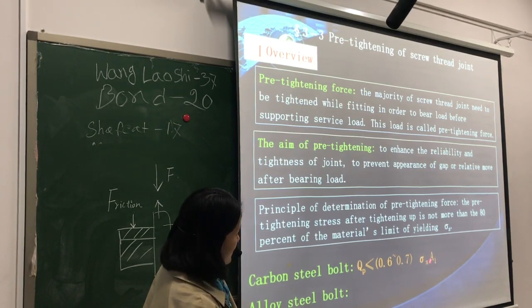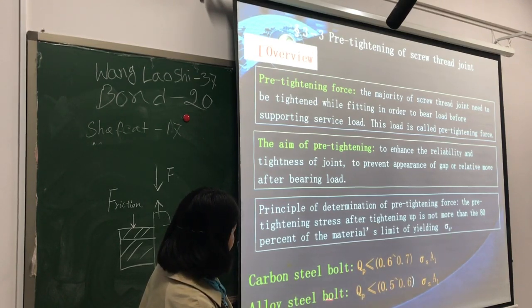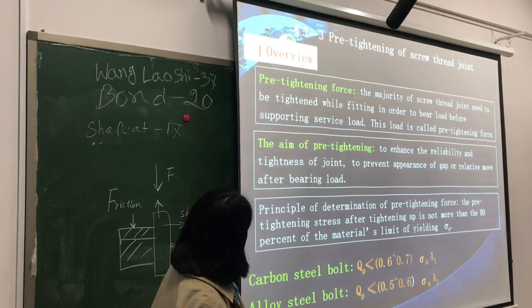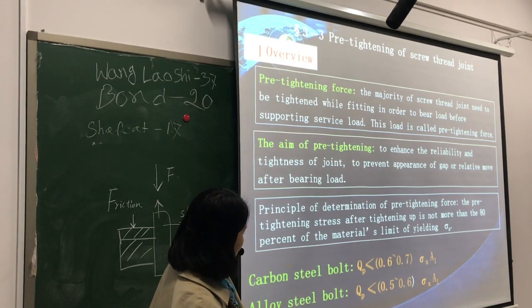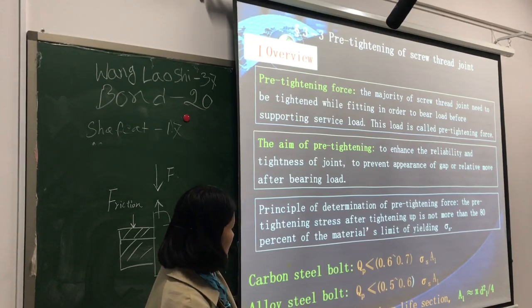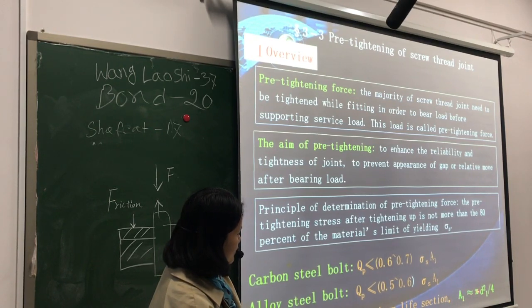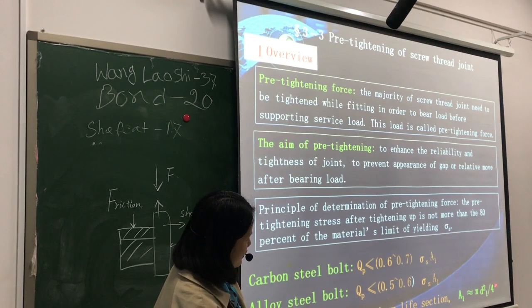A1 is the area. And for an alloy steel bolt, the preload is less than 0.5 to 0.6 sigma s times A1. And A1 is the area of the minimal thread section, and A1 equals pi times d1 squared over 4.